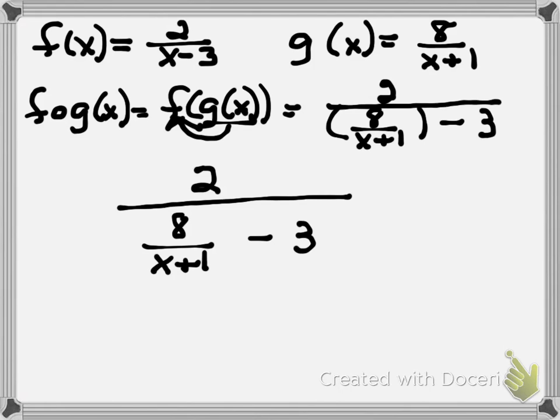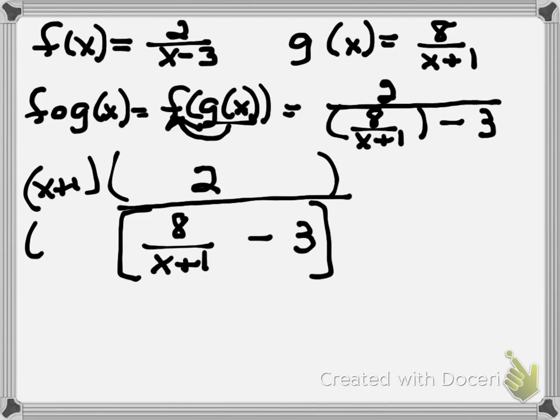So I need to multiply the numerator by x plus 1 and the denominator by x plus 1. Because x plus 1 over x plus 1 is 1. I'm not changing the fraction in value. I'm just changing its representation, how it looks.